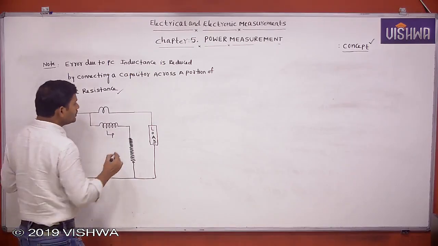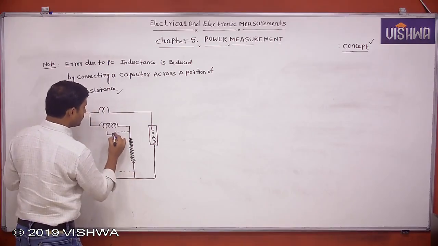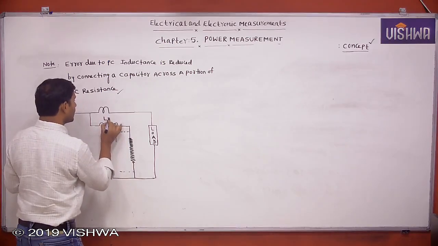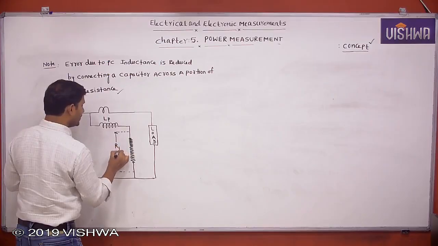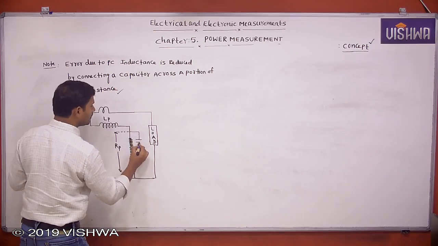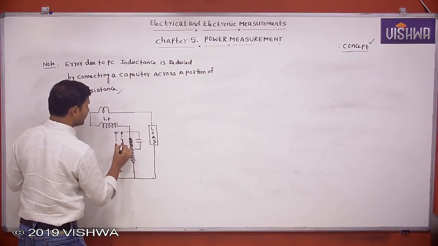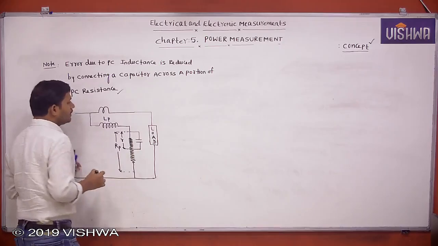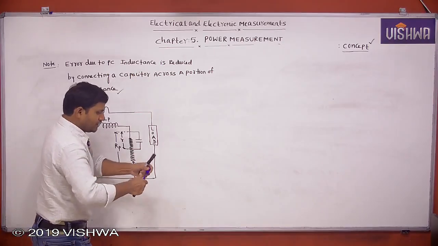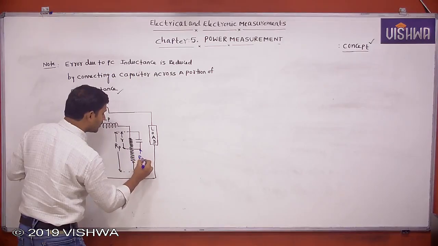Then to reduce the error due to pressure coil inductance, let this total is RP. This LP is pressure coil inductance. Let this total RP is the pressure coil resistance. Across a portion of resistance, we are connecting the capacitor. Let this resistance is small r. Then what about this remaining resistance? Yes, this remaining resistance is RP minus r.